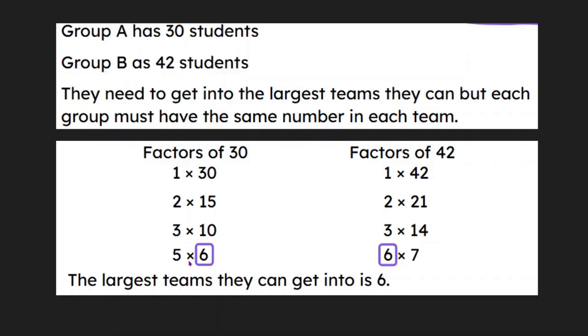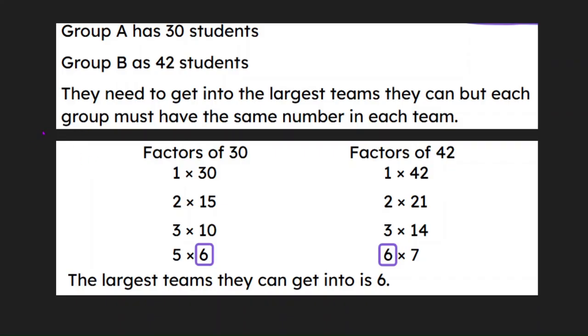So 6 is the largest team that they can get into, right? Because this is the factor that they share. So 6 is your highest common factor that you're looking for here. Hopefully this makes sense. This is what we did last week. We'll do some more practice with this week.